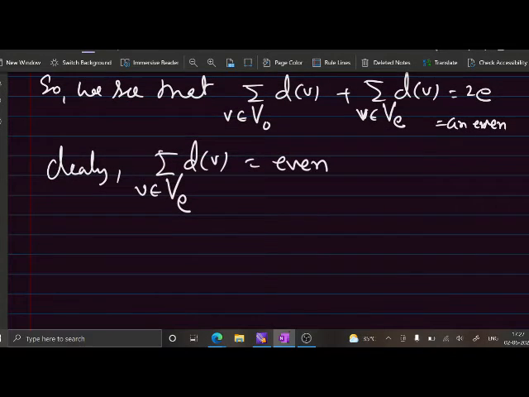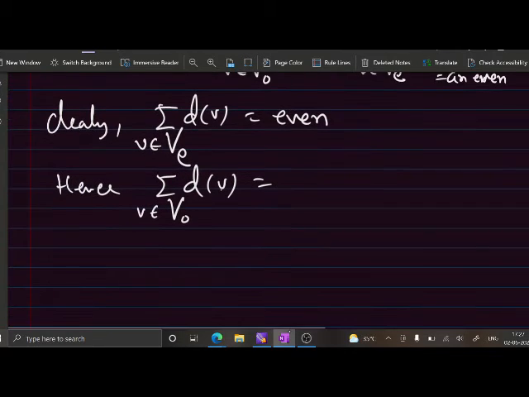So hence the sum of the degrees of the vertices of odd degree will be even, since the sum of an even number of odd integers is even.